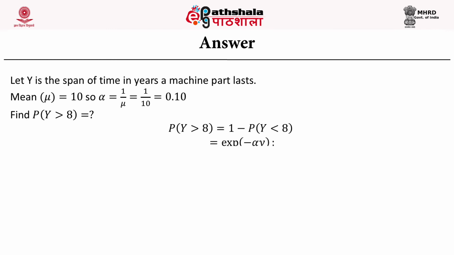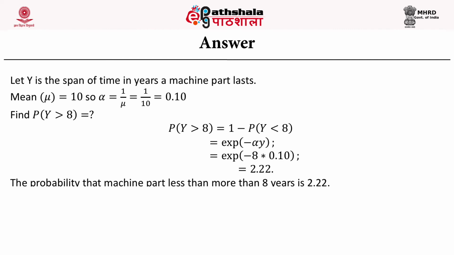To find the probability that y is greater than 8, it can be written as 1 minus the probability of y less than 8, which is equal to exponential of minus alpha y. After putting in the values of y and alpha, we get the result as 2.22. So the probability that the machine part lasts more than 8 years is 2.22.